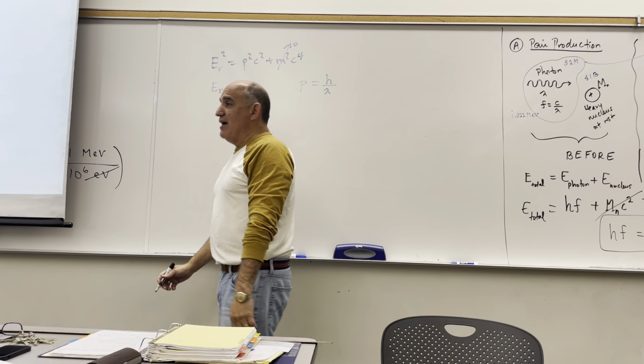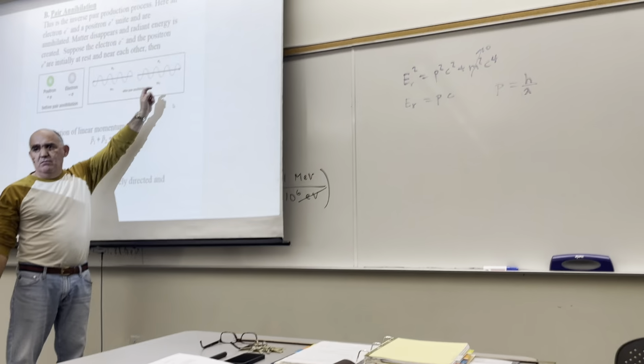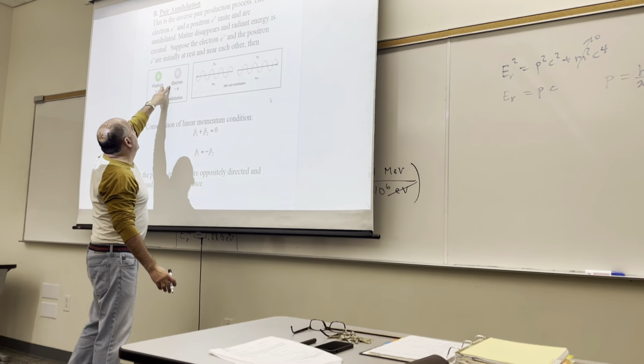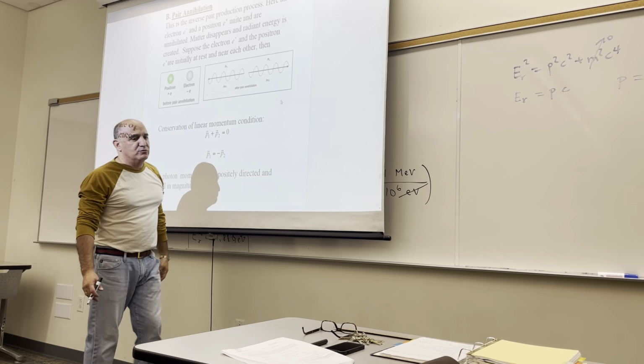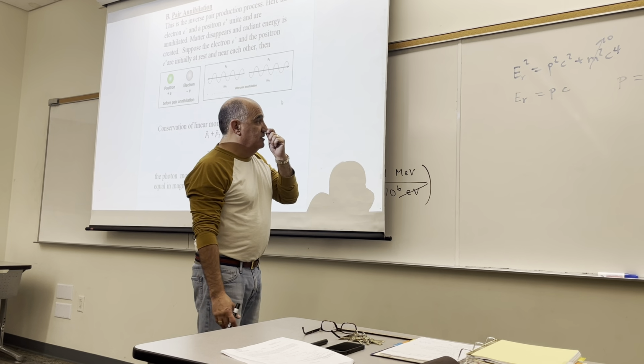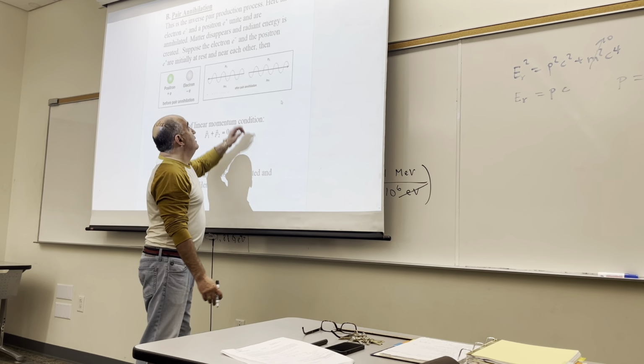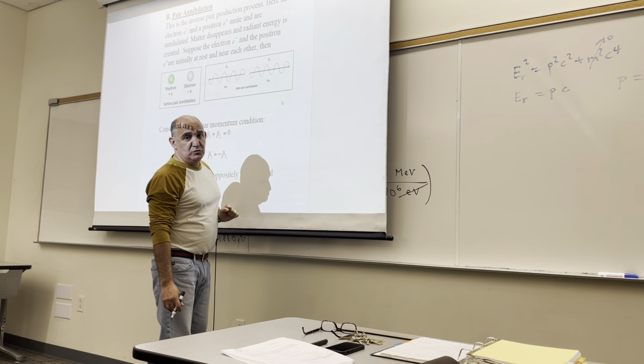So if the electron and positron annihilate one another and initially the total momentum is zero, and you say there's only one photon, then you don't have conservation of linear momentum, because one photon is not going to have zero momentum. What must happen, and this is always observed in the laboratory, is that two photons are produced.